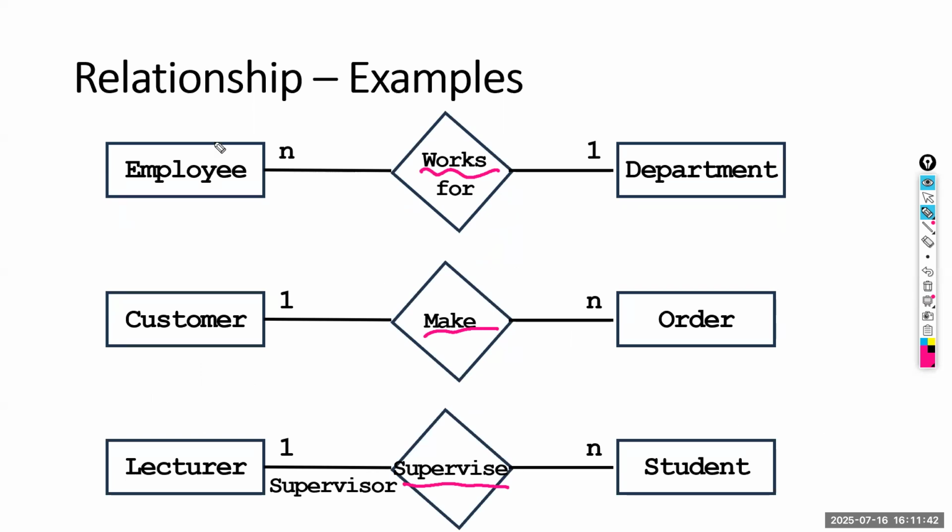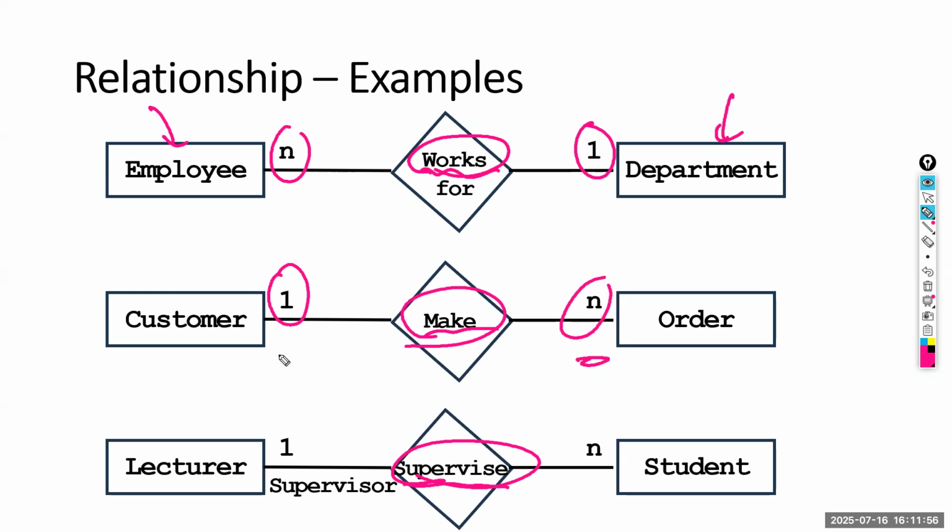So make sure this is a noun, this has a verb. Make sure you specify your multiplicity. And role names are optional. Often we don't show them. Here we have shown the role name, but in all the other cases I have skipped it.